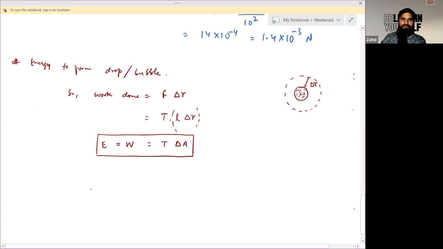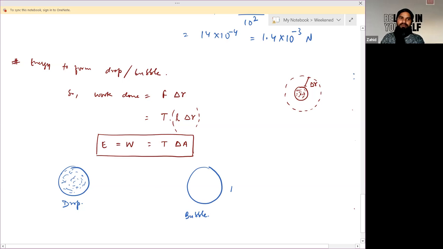In case of a drop, there is only one surface exposed to air, so the interacting surface will be 1.